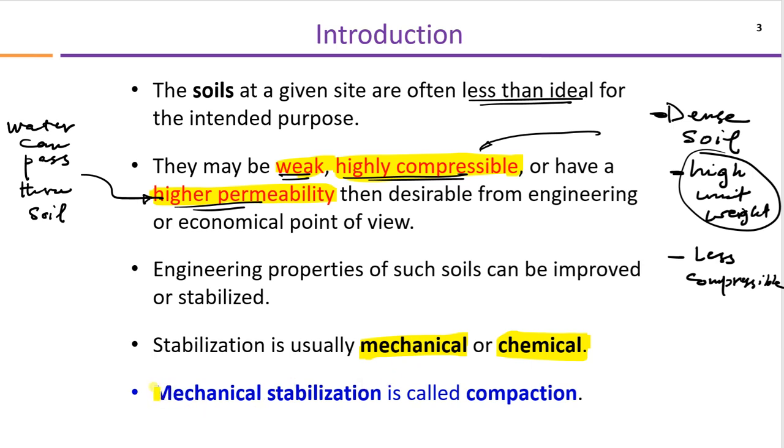Mechanical stabilization is also called compaction. This is what the chapter is about. We are going to discuss this process of compaction in this chapter. The purpose of compaction is to increase the unit weight and the density, to make the soil less compressible.